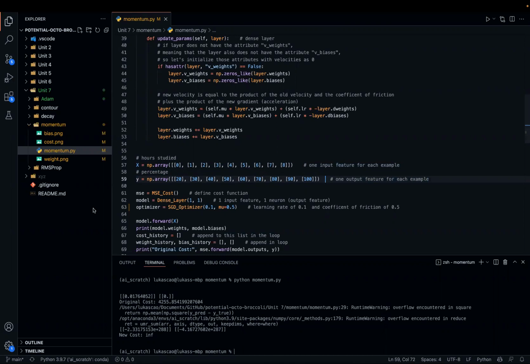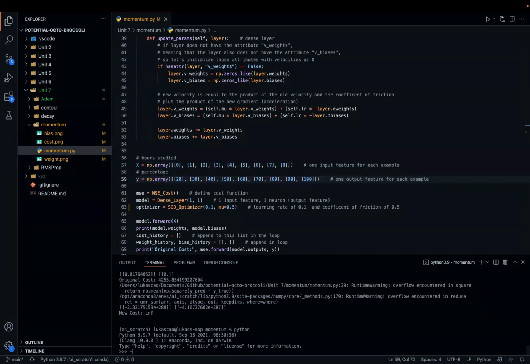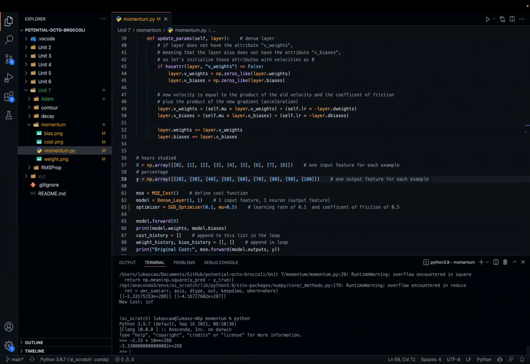Okay, so if you look over here, we started with a weight really close to 0, and we started with a bias really close to 0. In the end, our weight has become this. And this is technically saying negative 2.33 times 10 to the 288.